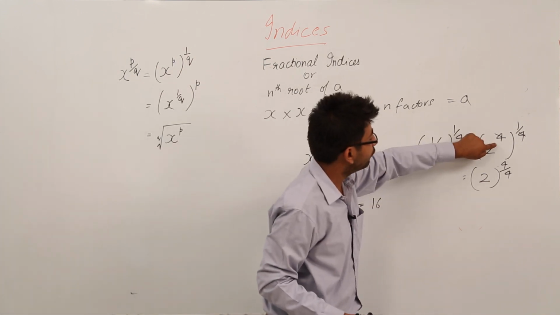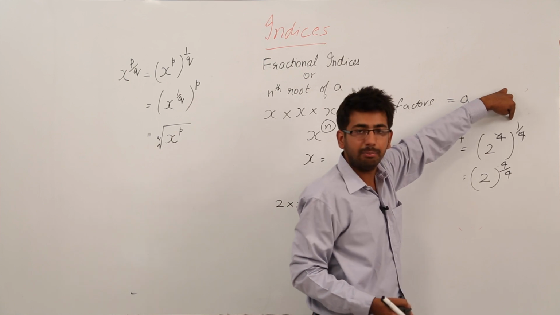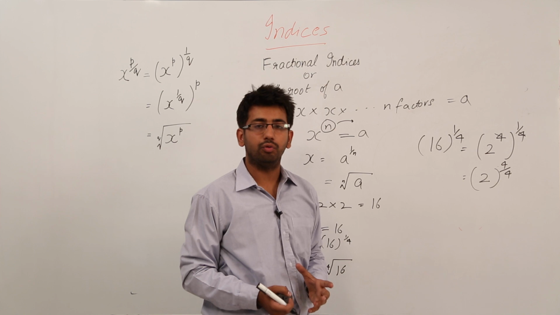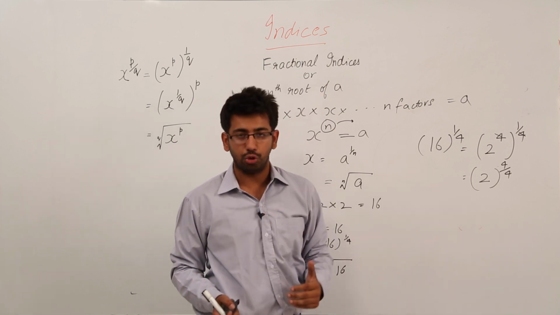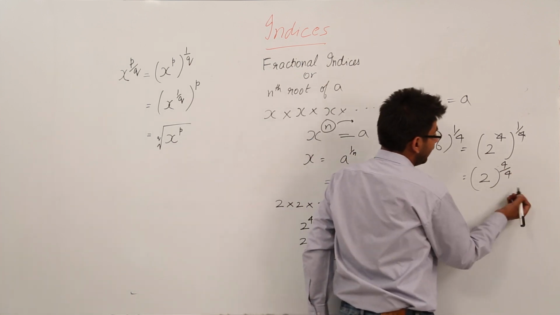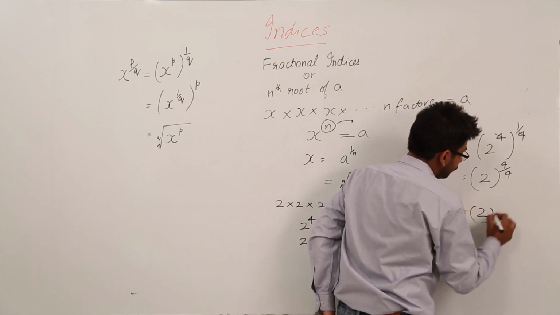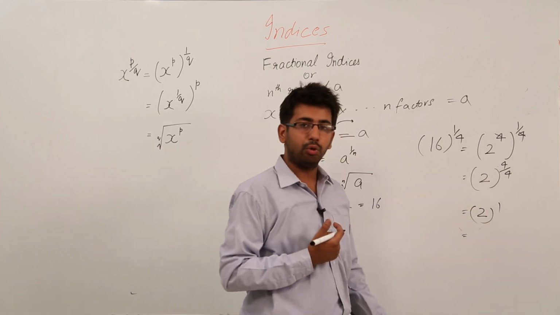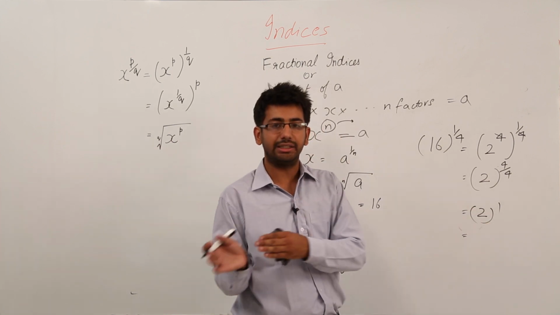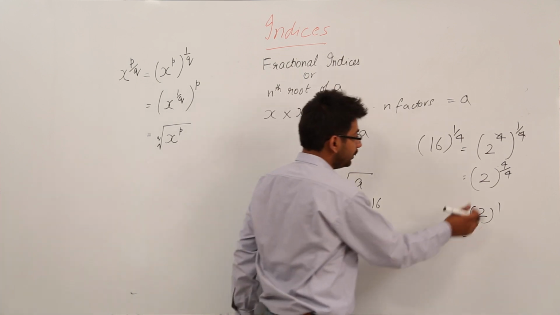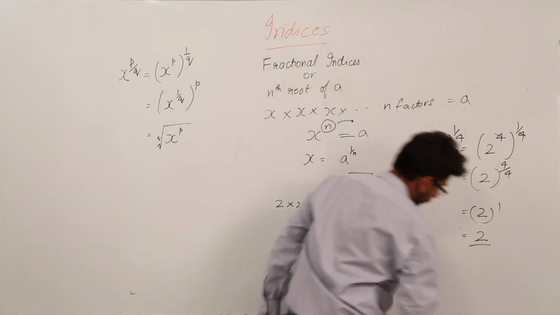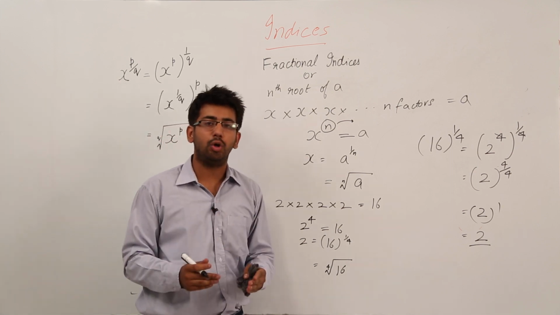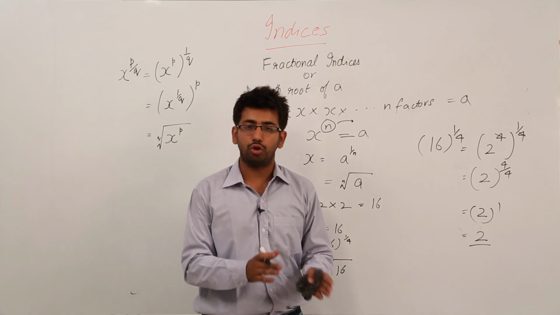Similarly, 2 raised to power 4 whole raised to power 1 by 4 is written as 2 raised to power 4 divided by 4. Here p is 4 and q is also 4. Therefore, 4 divided by 4 is equal to 1. So we have 2 raised to power 1, with base 2 and exponent 1. Index is also called exponent. 2 raised to power 1 is equal to 2. So always remember this particular property. It is a very important property to solve the questions.